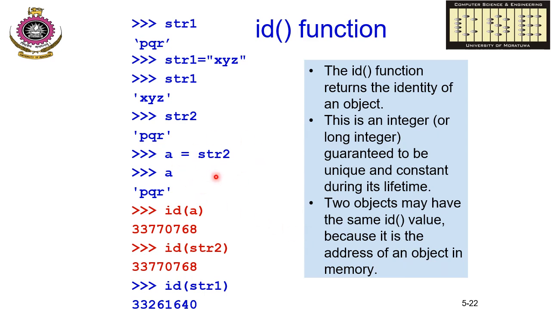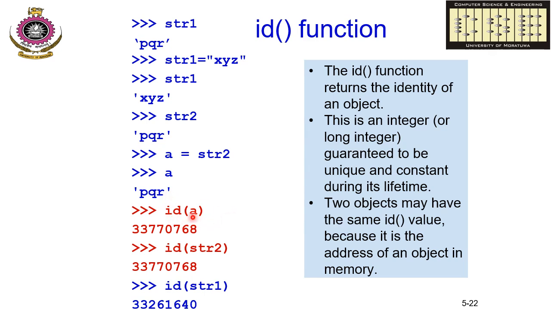So here we have an example. We have str2, which is pqr, and we also have the variable a. We set that equal to str2. a will also be pqr. Now both a and str2 are referencing this string object, which is pqr.